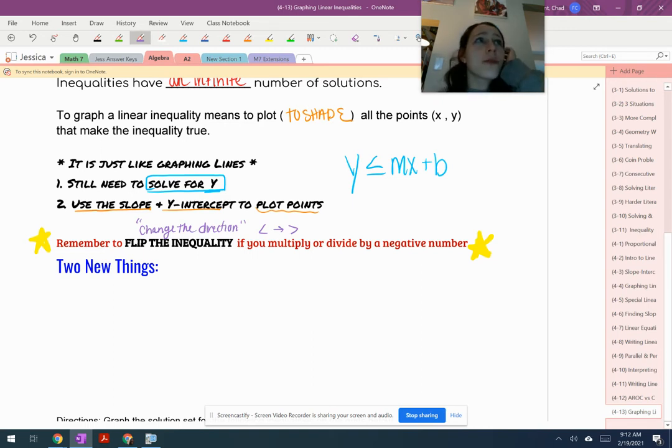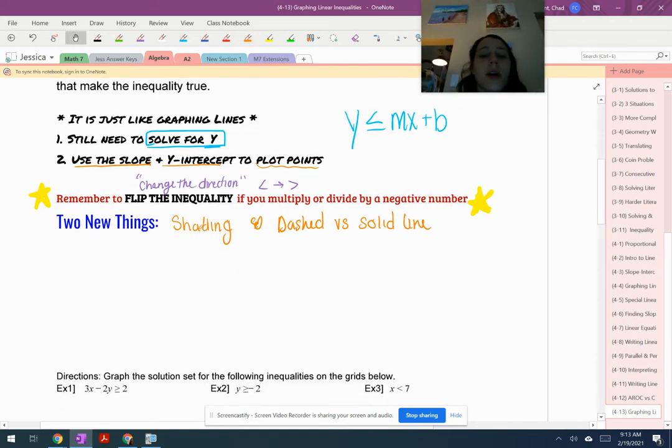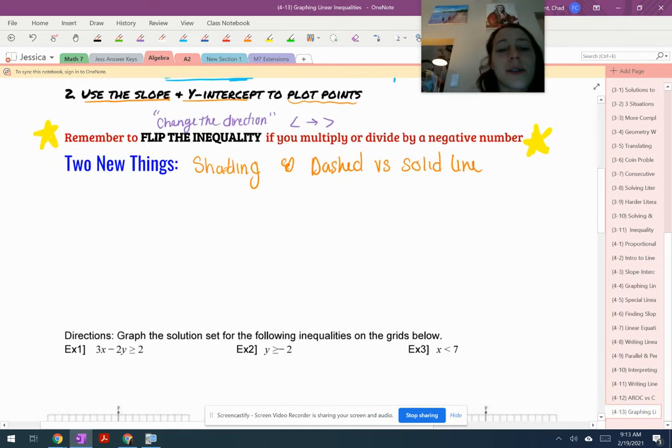Those two new things are shading, and you need to consider a dashed versus a solid line. And we'll talk about those two things next.